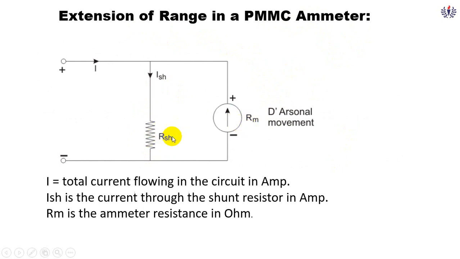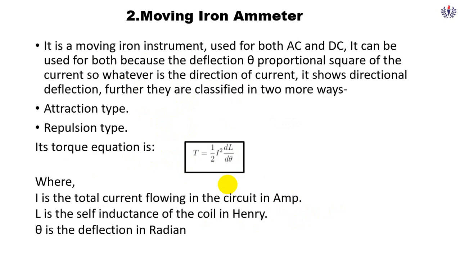So I have two resistances, one is RM, one is RSH. RSH is nothing but the shunt resistance, and I is the total current flowing in this circuit. ISH is the shunt resistor current in ampere, and RM is the ammeter resistance. Due to this, we can extend the range of the ammeter.